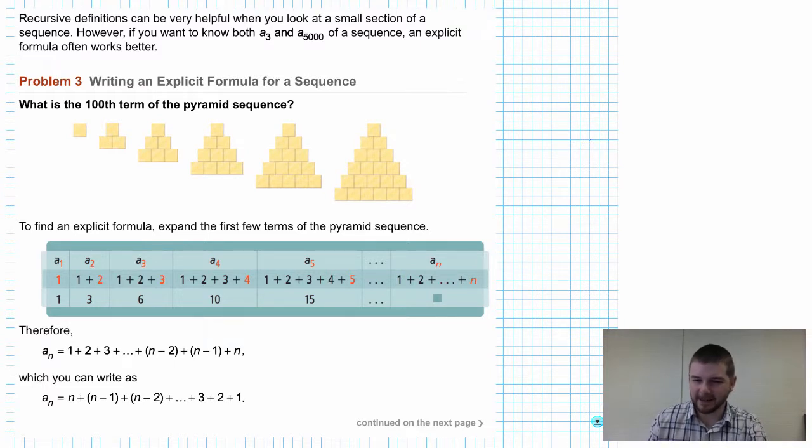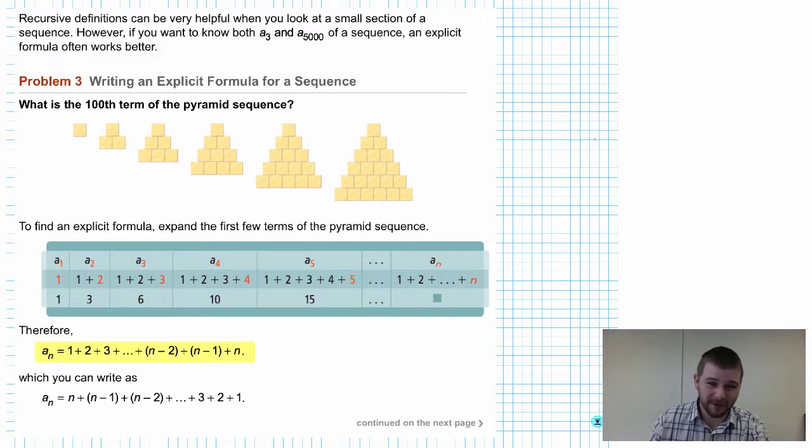Remember, that's an index value of n, will equal 1 plus 2 plus, the pattern continues, all the way through n. So if n is 100, we would have 1 plus 2 plus 3 plus 4, skip a few, plus 99 plus 100.